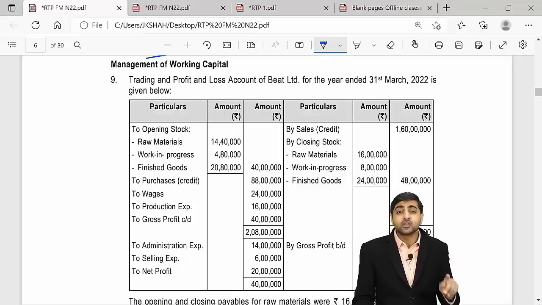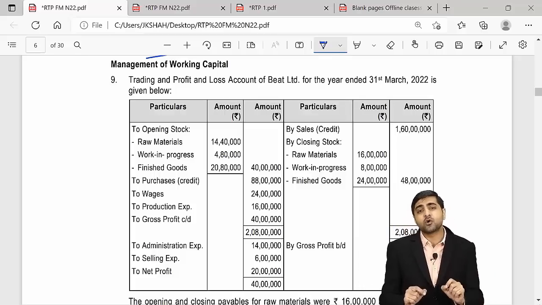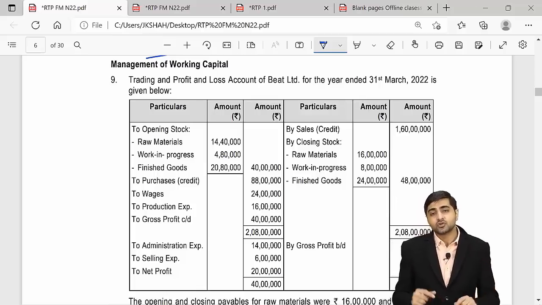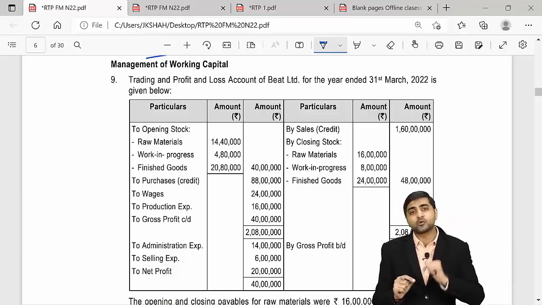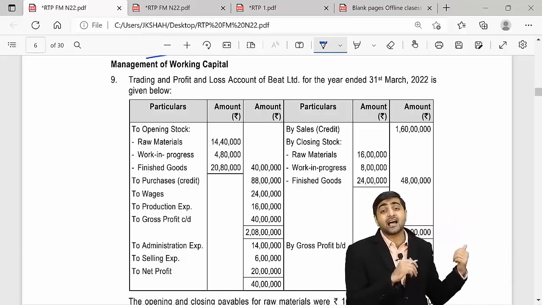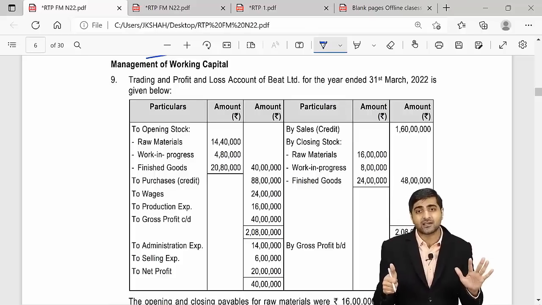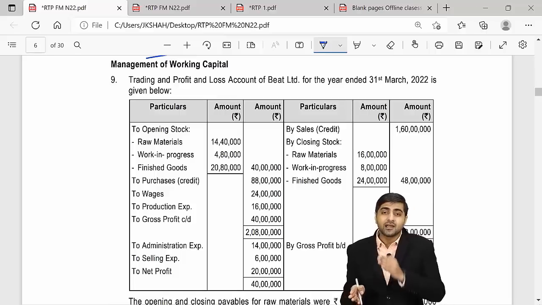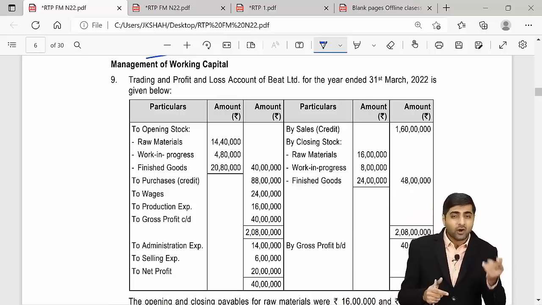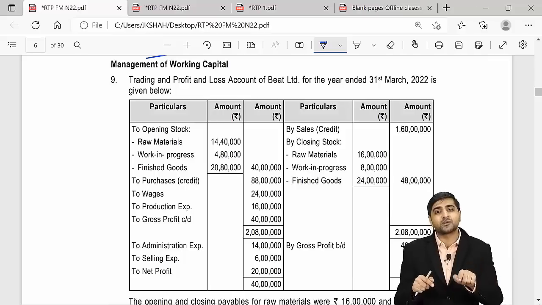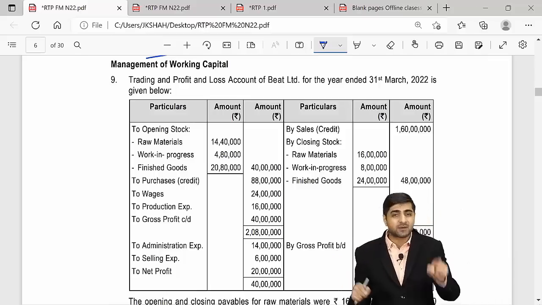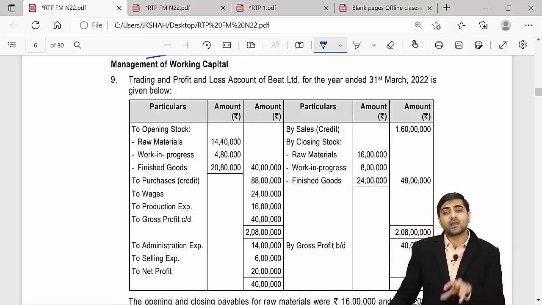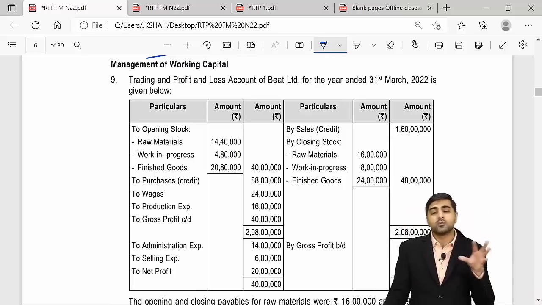So basically the operating cycle duration is going to be 6 months and the number of operating cycles will be 2 times. So when I take 12 lakhs and divide by 2 times, I will go to the bank and ask for a working capital amount of 6 lakh rupees, because that 6 lakh rupees which will be blocked on 1st of April will be released on 30th September. On 1st of October, again that 6 lakh rupees will be blocked, which will be released on 31st March. So my money will be rotated 2 times in a year. And that's how my 12 lakh rupees of per annum cost will be taken into consideration.